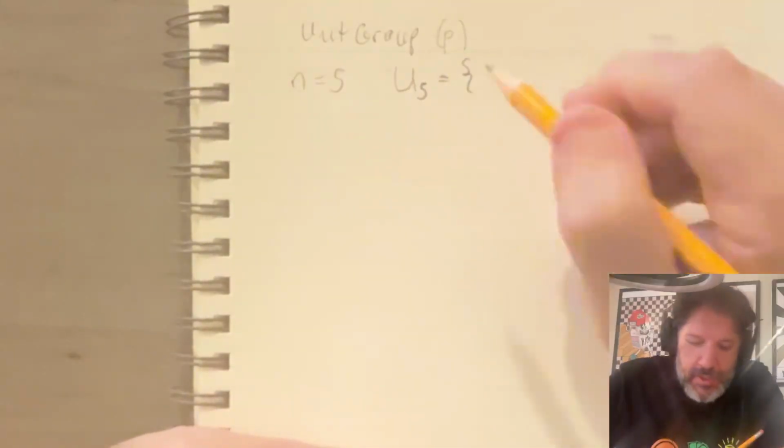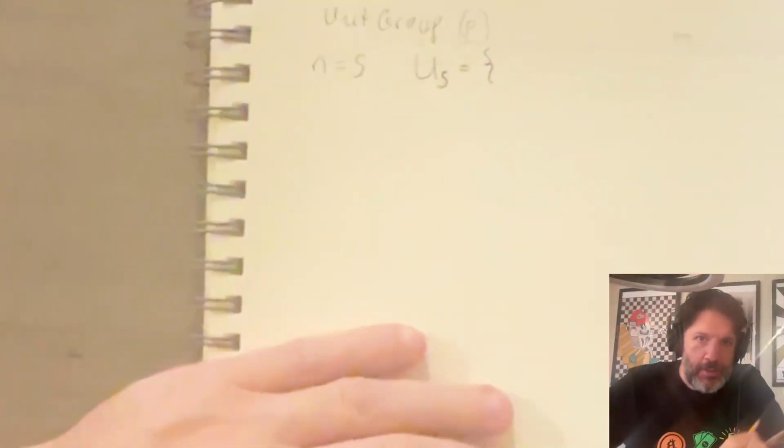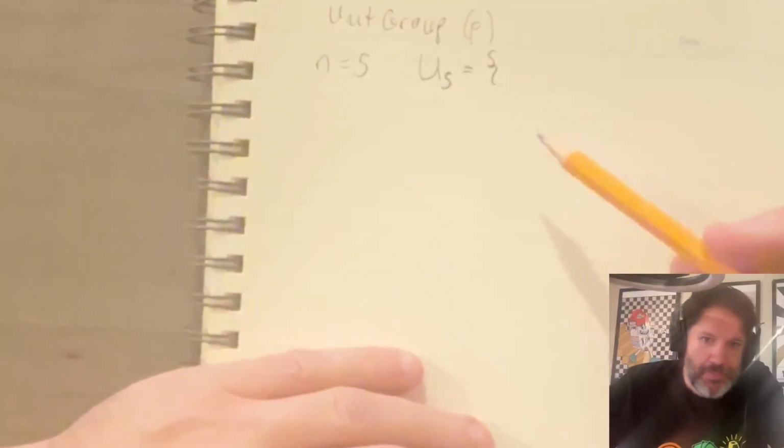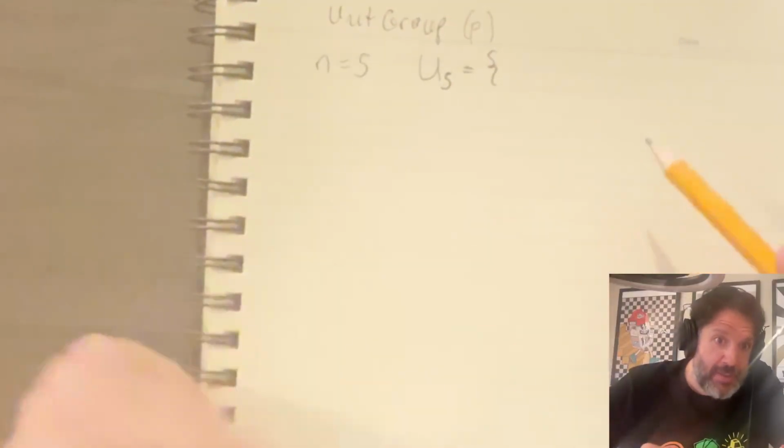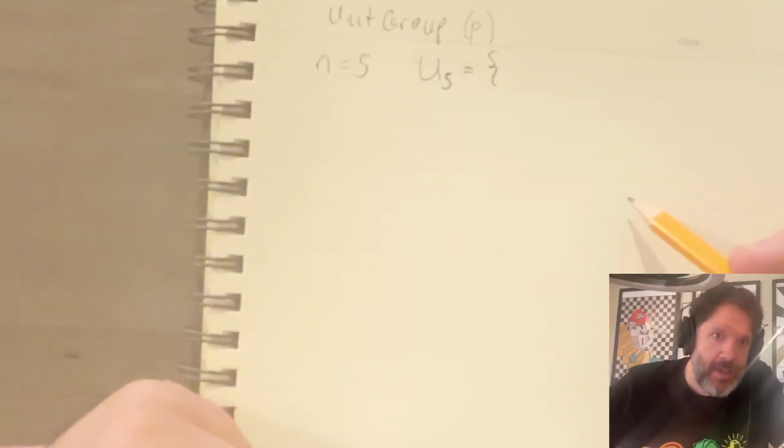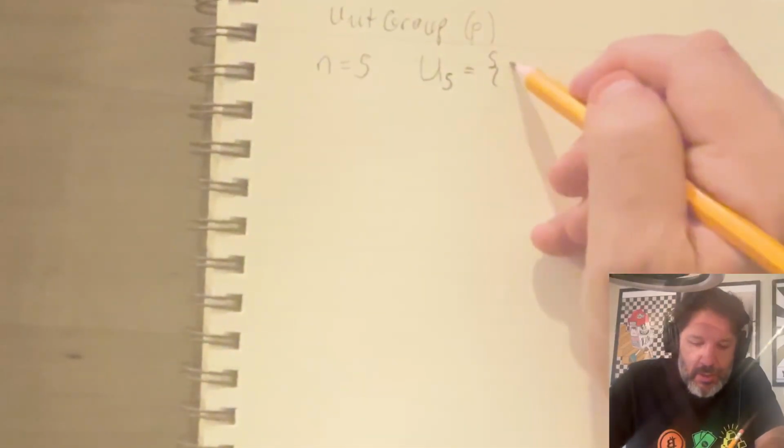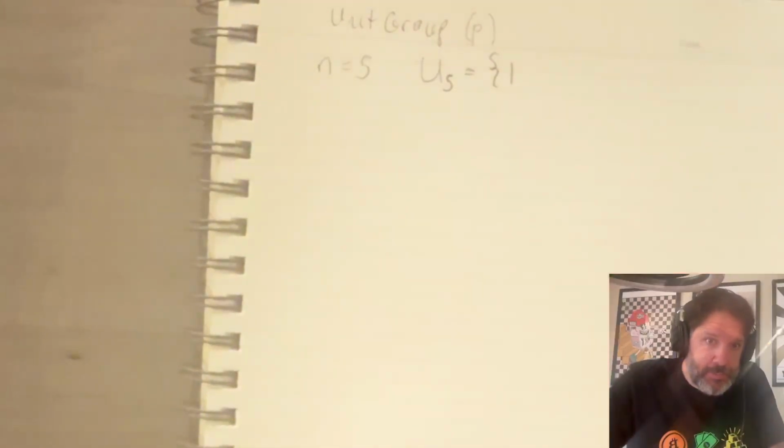And this group is going to consist of numbers less than 5 that are relatively prime to 5, meaning they have no common factors. Clearly 1 is such a number. 1 and 5, there's no number that divides both of those.